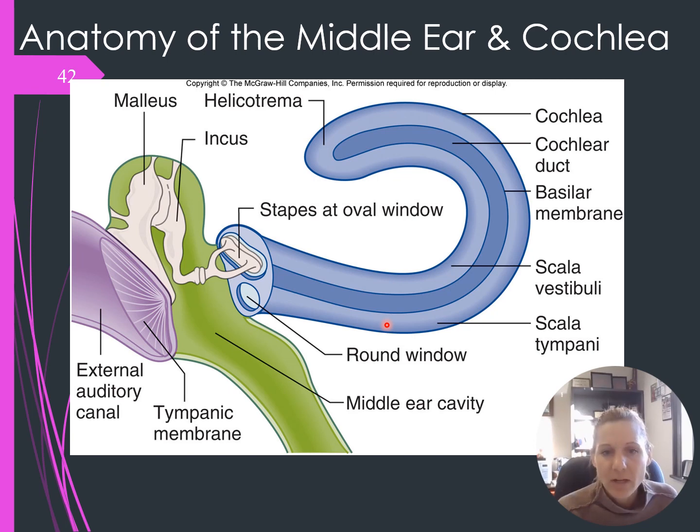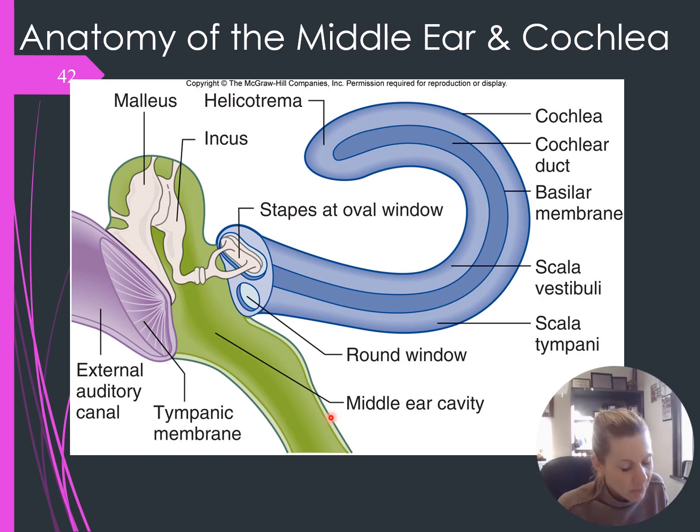These are also known as auditory ossicles. Basically their job is to increase the amplitude of the vibrations, make them more prominent, so that when we convert them down into the cochlea, they're a little bit more prominent.